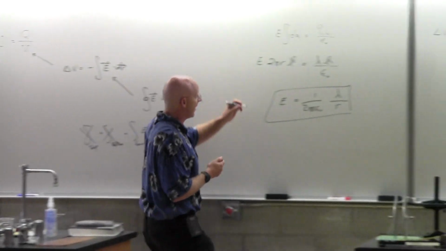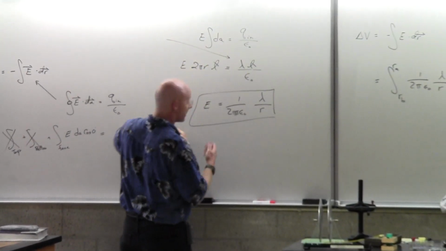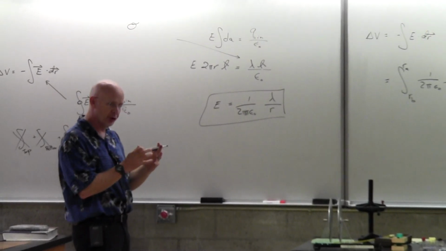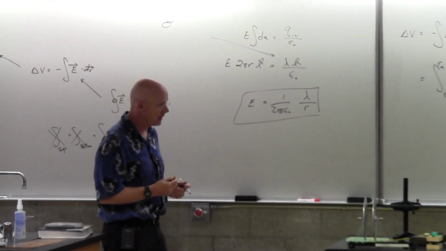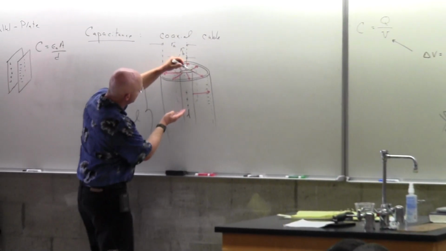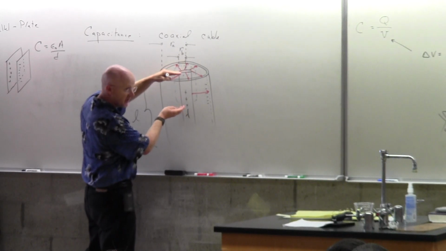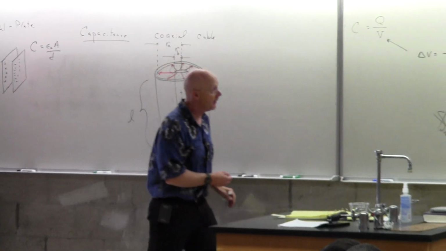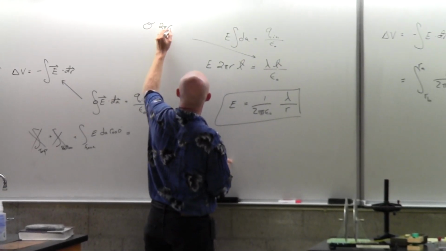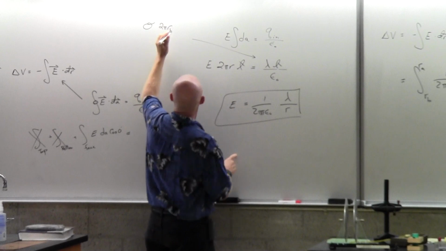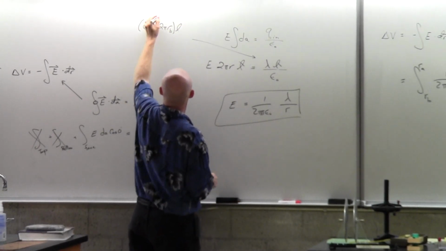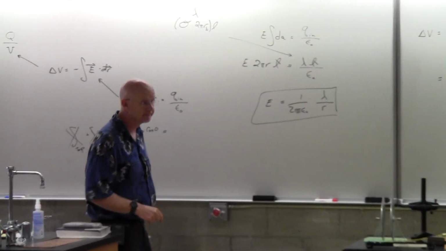So you could view it slightly differently, say it's a sigma, a charge per area, and then figure out the surface area of the inner conductor along here. I would write that as 2 pi r sub b for the circumference times length L. And all I'm saying is that really is then charge per length, right?